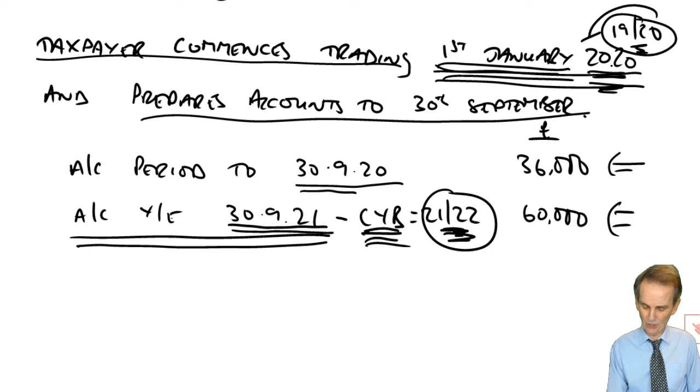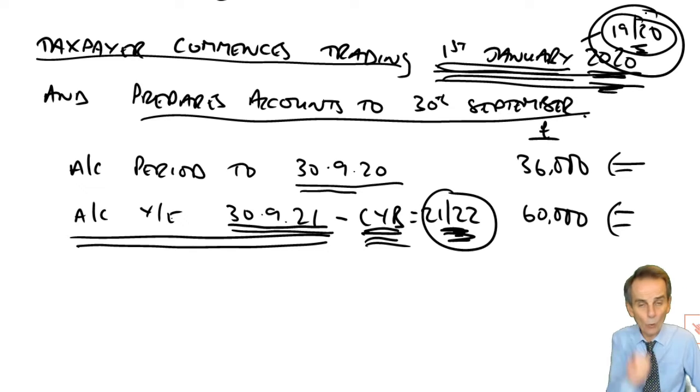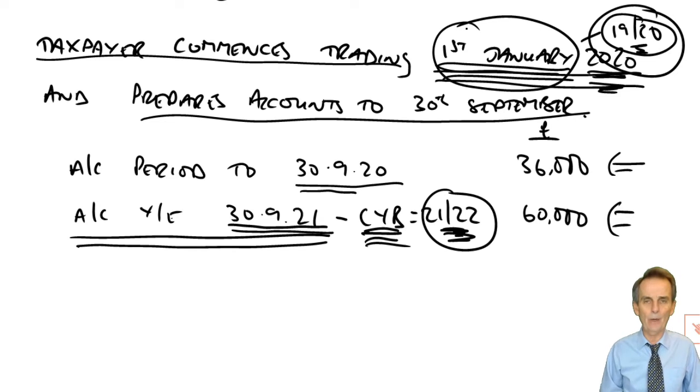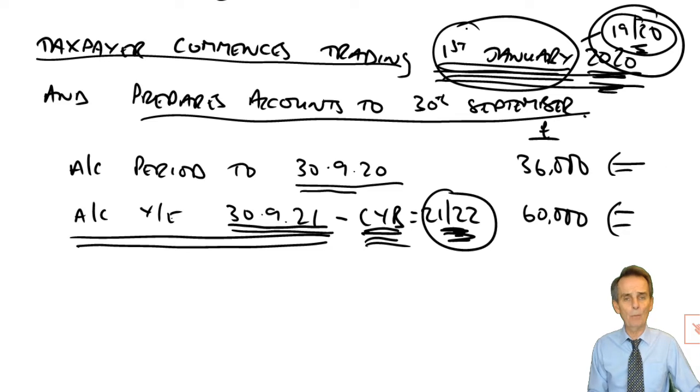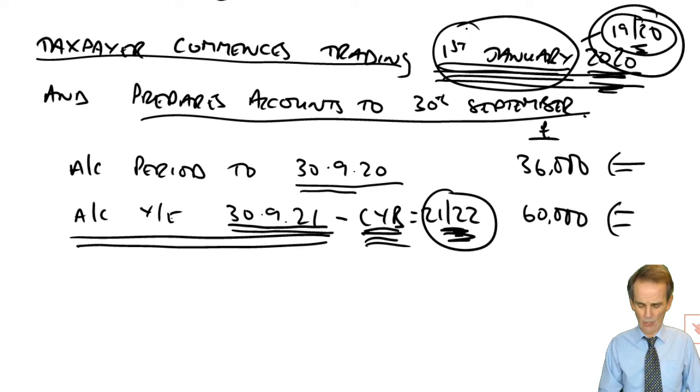Now our first tax year is 1920. We already know, based on what we have seen so far, that in the first tax year there is no choice, it's an actual basis. Start date, which we know to be the 1st of January, through to the following 5th of April, an actual basis of assessment. And as we suspected, our problem is going to be the second tax year.